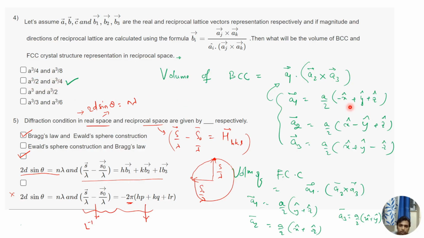If you put the values, you get A cube by 2 and A cube by 4. When you multiply this, we will be able to see it. If you just put all these things here, you will see.